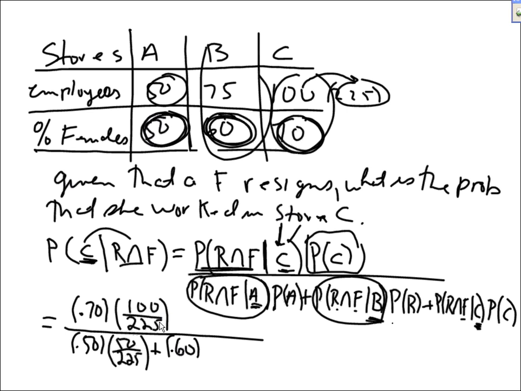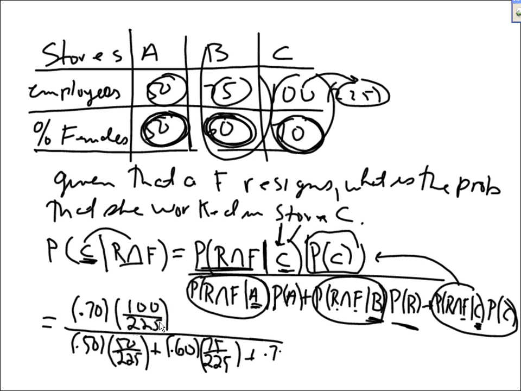The probability you came from store B is 75 out of 225. Plus, now this last one happens to be exactly what's on top. So I'll copy what's on top: 0.70 times 100 over 225.